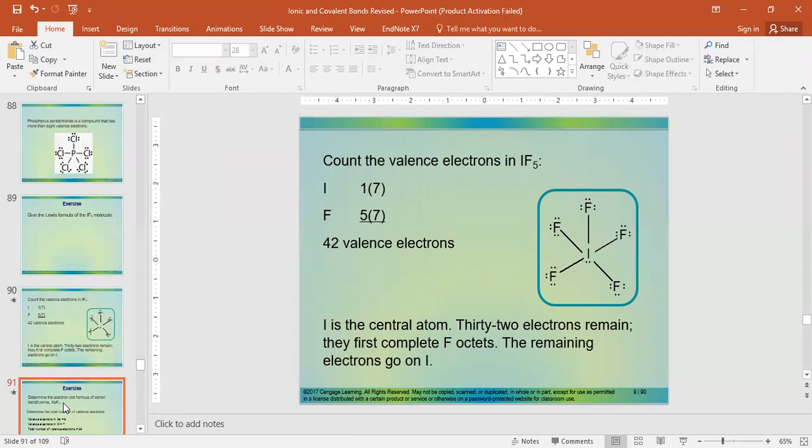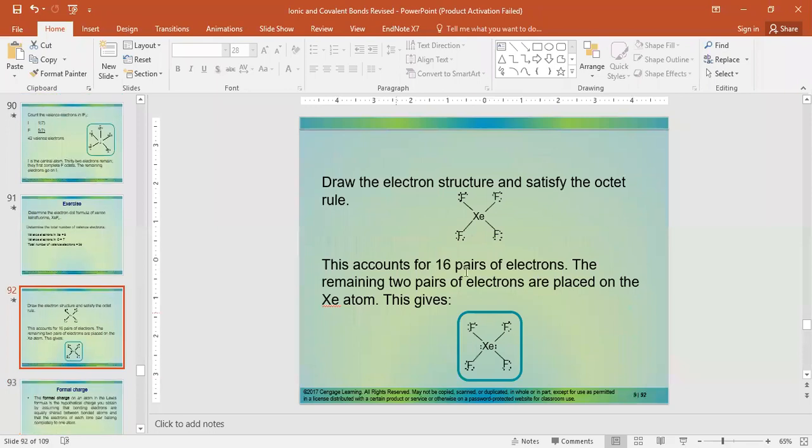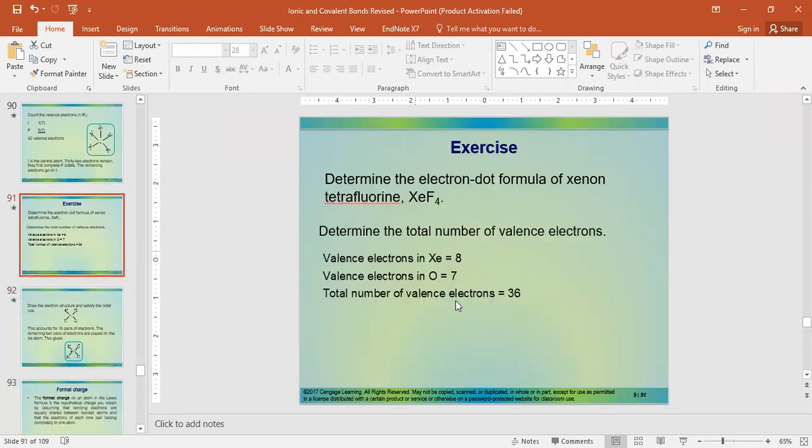We continue. This is xenon tetrafluoride. So you'll again go through the same process. You calculate the total number of valence electrons, and when you do a distribution, it brings you something like this. So the total number of valence electrons is 36. And where does this 36 come from?